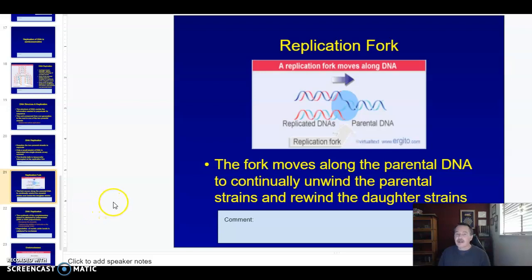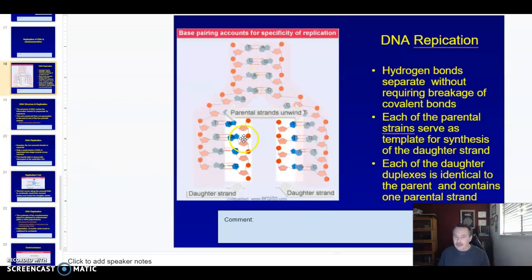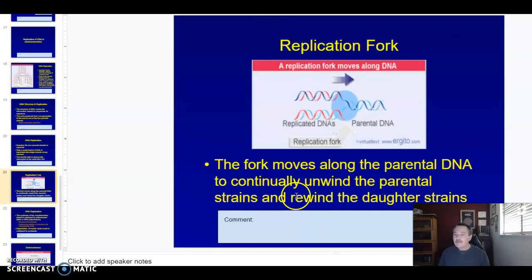All right. Moving on to slide 21 here. So the replication fork, again, this is the replication fork, right? The replication fork moves along the parental DNA to continually unwind the parental strands and rewind the daughter strands.